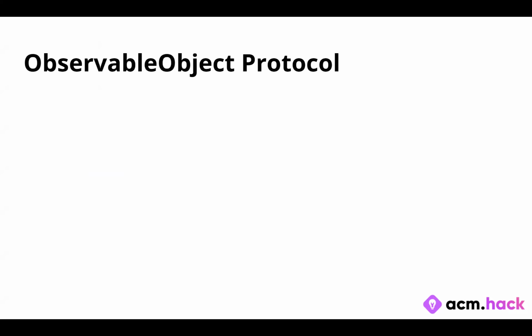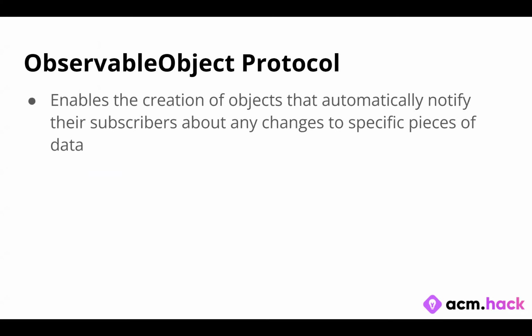Okay, so starting with the ObservableObject protocol, which was the first property wrapper that was shown. This protocol enables the creation of objects that automatically notify their subscribers about any changes to specific pieces of data. This is similar to a state variable: when you have an object that has a property that will be updated, it's able to notify any views that depend on it when that update happens.